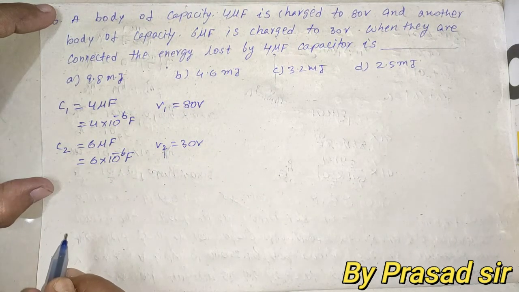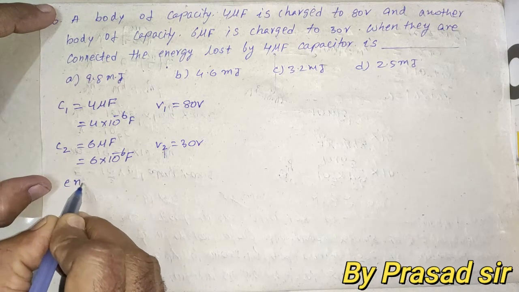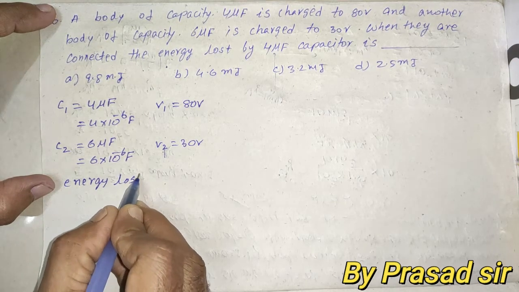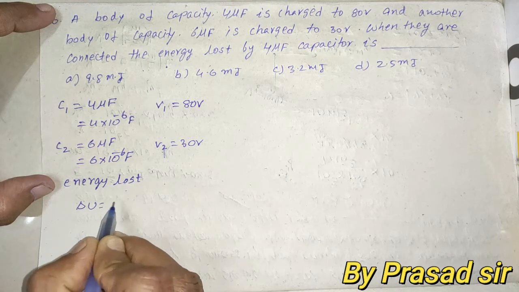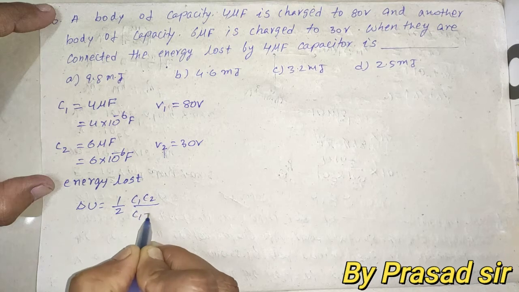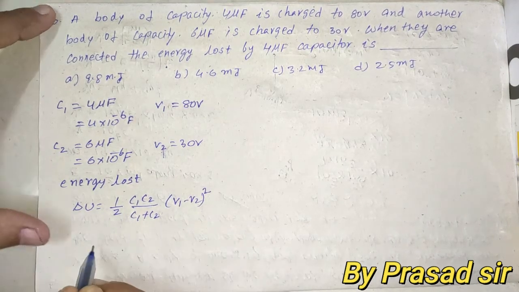But which one do we want to calculate here? Energy lost is required. So we know the formula: energy lost, that is delta U, is equal to half C1 C2 divided by C1 plus C2, into V1 minus V2 whole square.